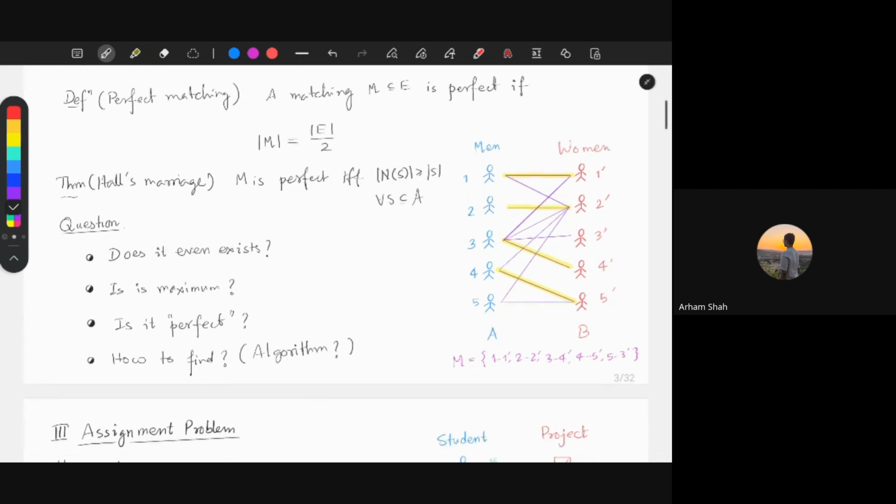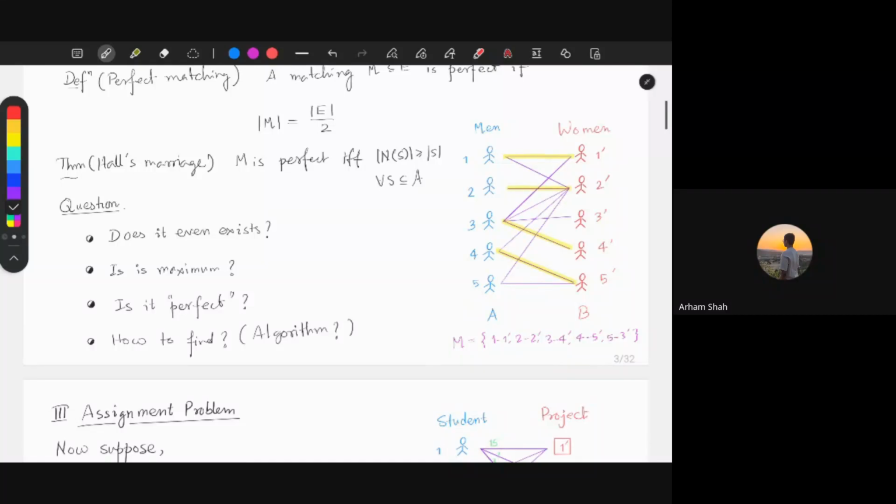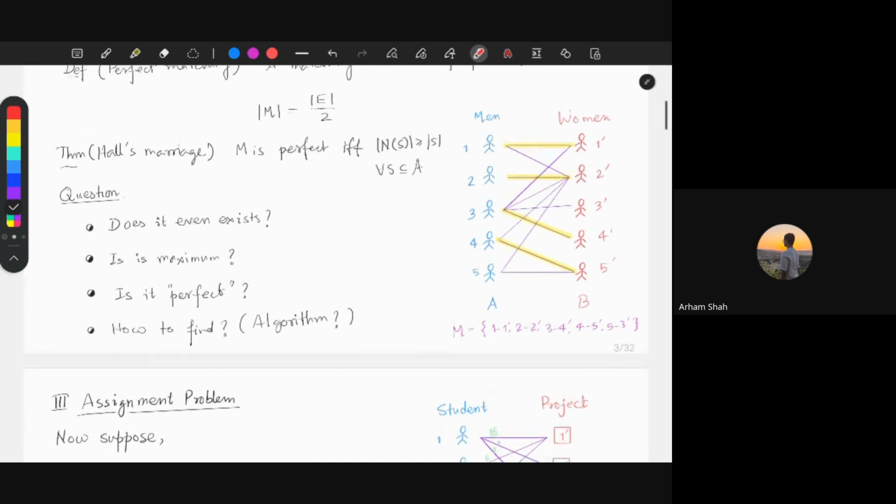And now again, how to find a maximum matching? Again, I will come to this later.